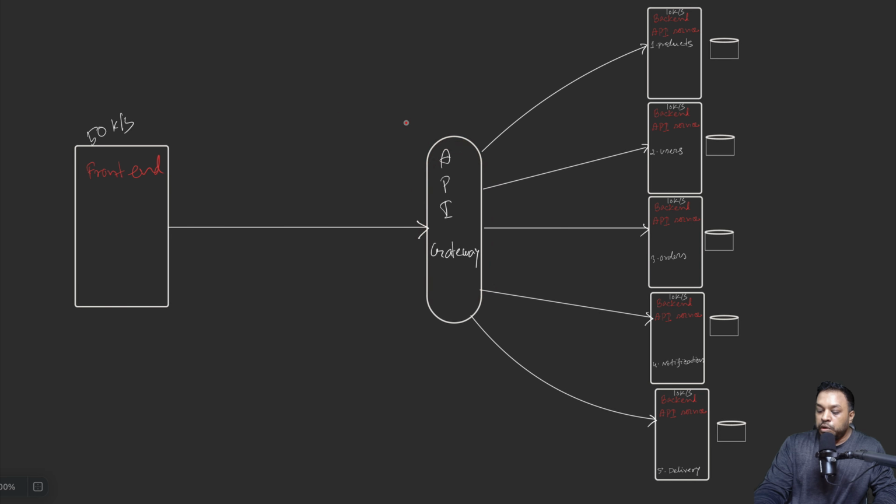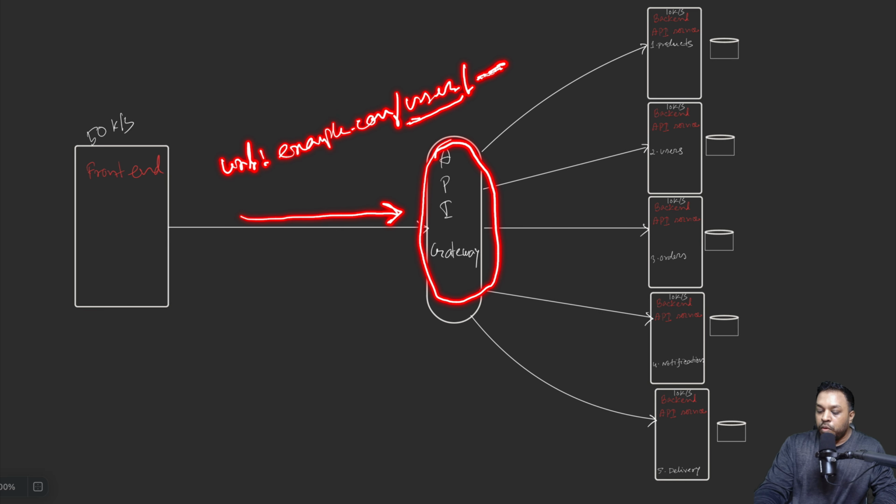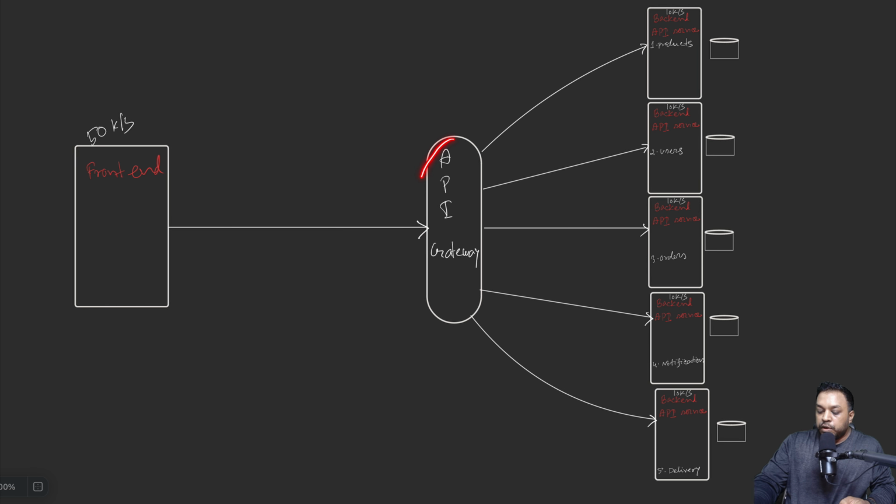Now it will look at some part of the URL and decide where to send the request. It saw that it is actually for the user service, so it will send the request to the users. So the API gateway will look at the request URL or some other information of the request, and then decide where to forward that request. Suppose we need to forward that to this user service. So this is how the API gateway works.